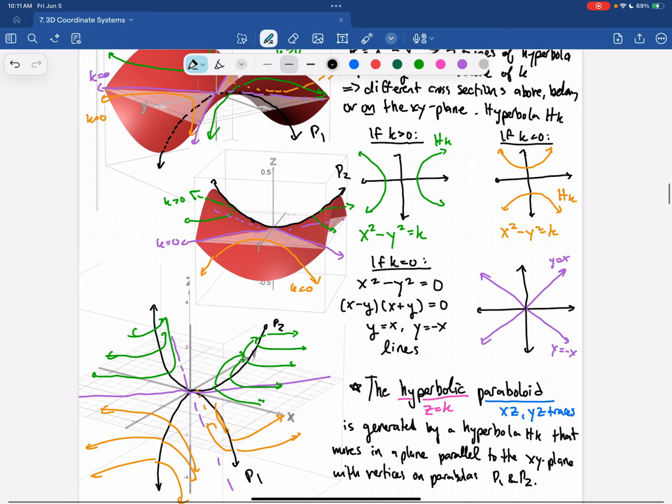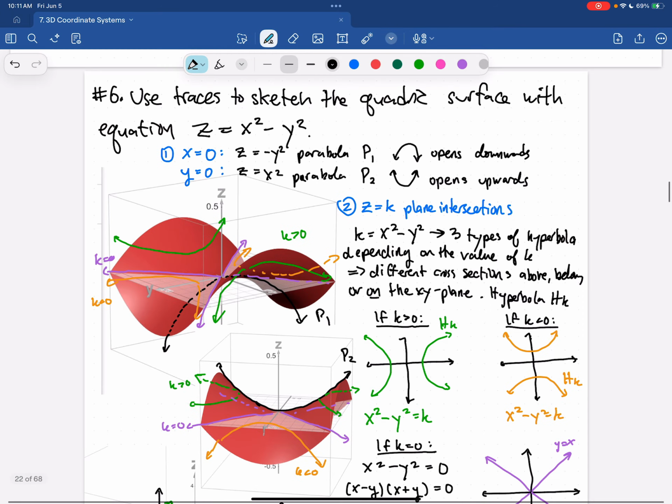So that's our hyperbolic paraboloid. I'll write it over here as well.